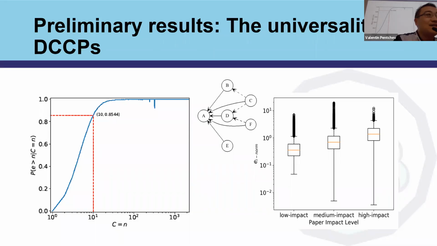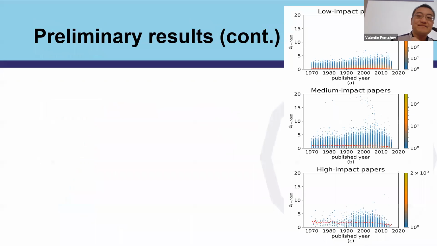For instance, the right box is the high impact paper, the middle box is the medium impact paper, while the left box is the low impact paper. We can find the median of the number of indirect citations increases, which is the orange line in the middle of the box.